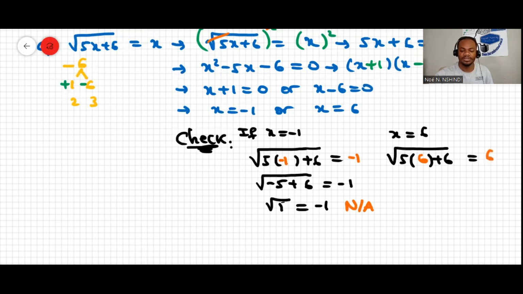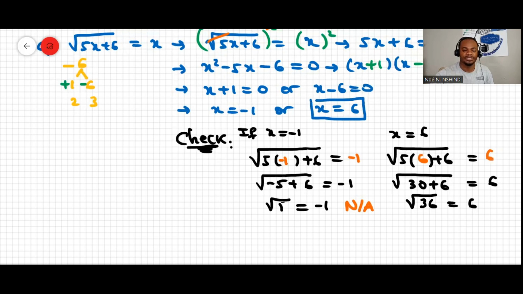This will be square root of 30 plus 6 equal to 6. Yes, because that makes square root of 36 equal to 6, that's true. So the only acceptable solution here is x equal to 6, and the other one is not applicable.